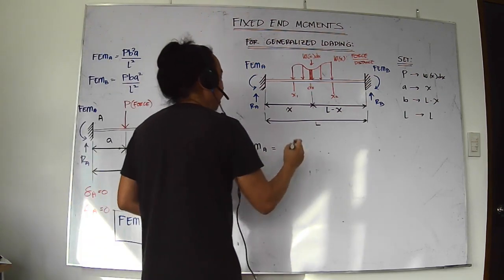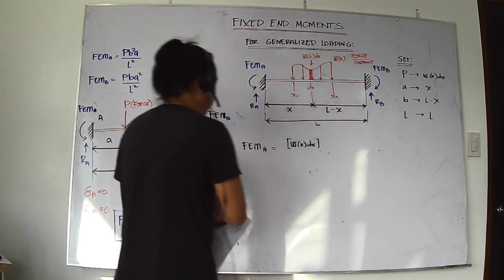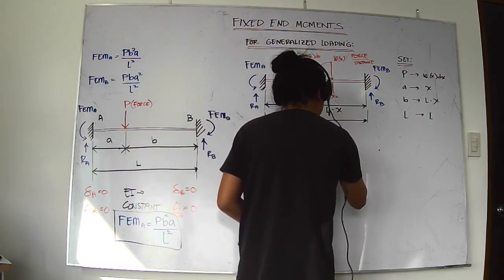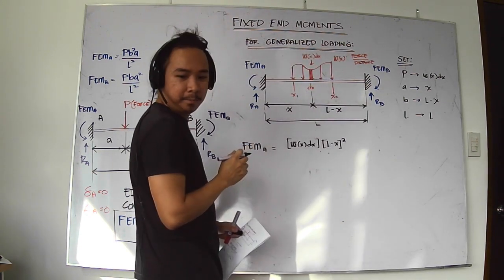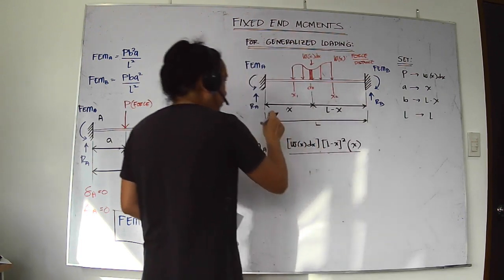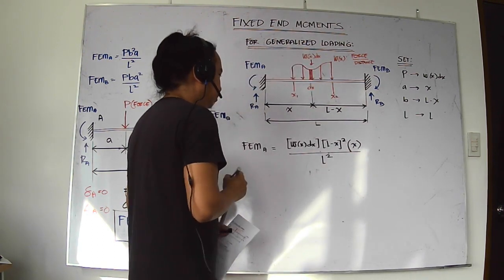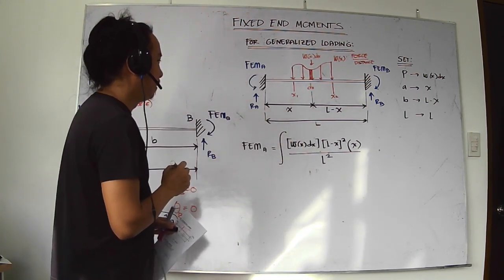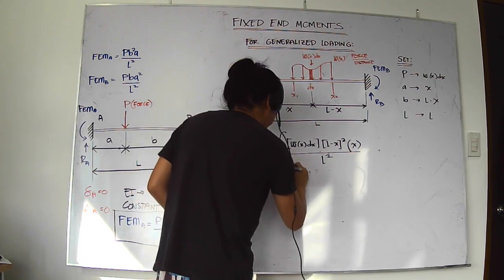Our P is wx dx, our B is L minus x, squared, our A is x, and L is still L, squared. Since there is a dx, we integrate. Where does our load start? x1. Where does it end? x2. So that's it.